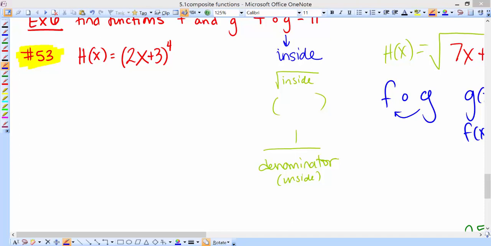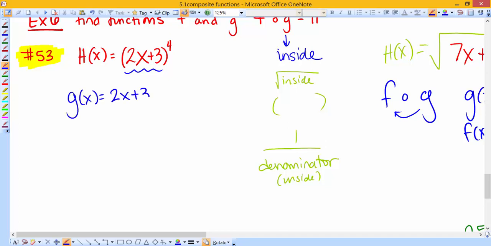So when I'm looking at h of x here, what is inside? The part that is inside is the 2x plus 3. So g of x equals 2x plus 3. Well, if I take away that g of x, what had to be there for me to put it there? There had to be an x.